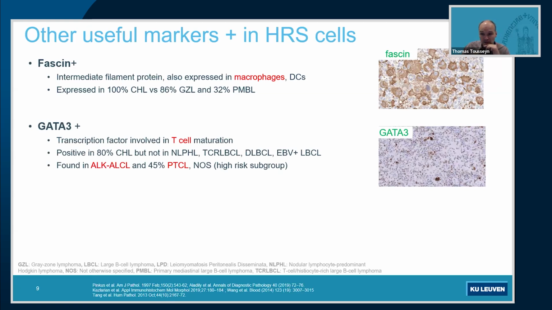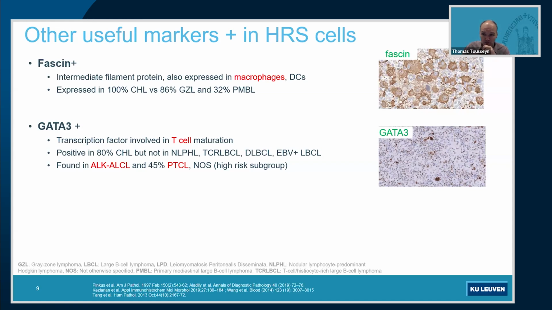GATA3 is an interesting marker because it's a T-cell transcription factor, staining in a nuclear pattern in T cells. But the Hodgkin Reed-Sternberg cells stand out very strongly, even in a stronger pattern than the T cells surrounding them. It's not present in all Hodgkin lymphomas, but in about 80% we see this pattern.